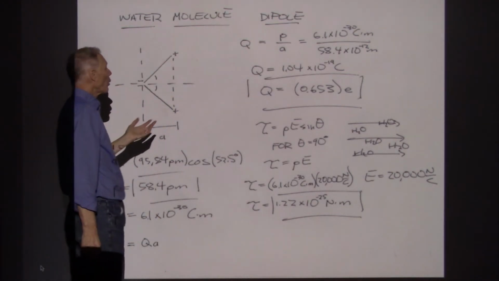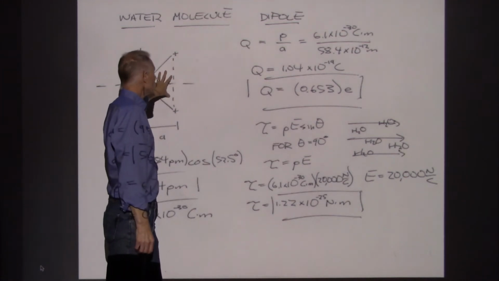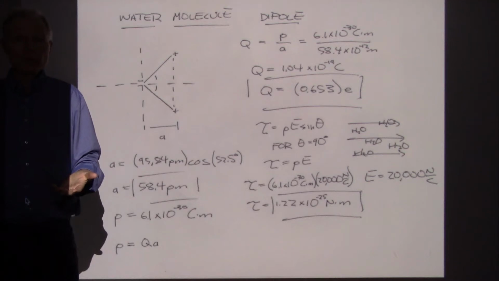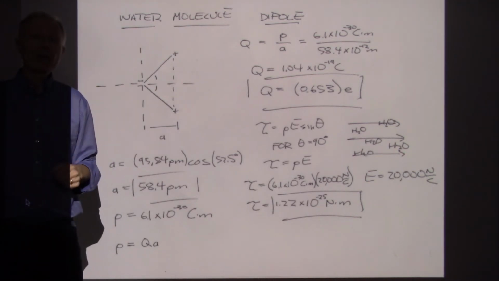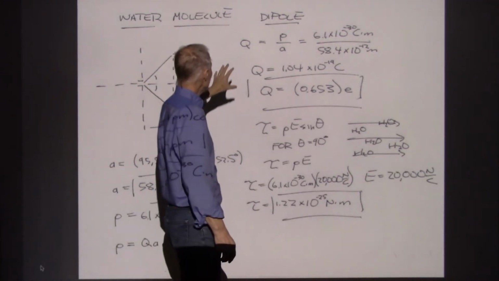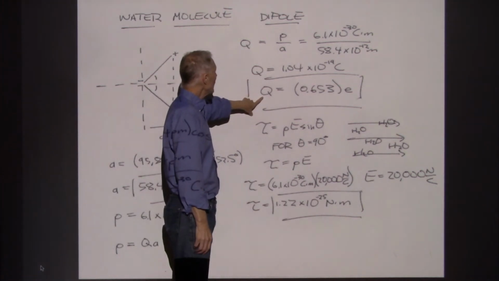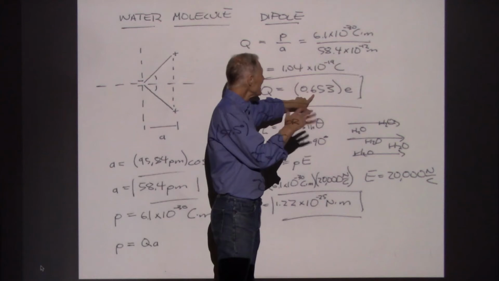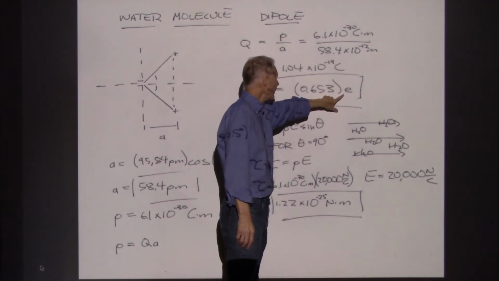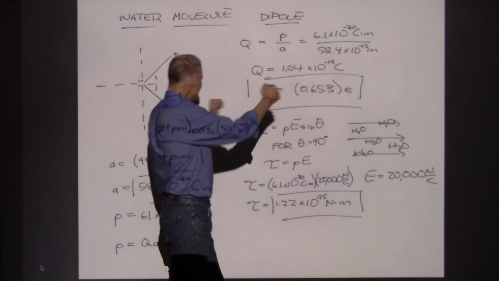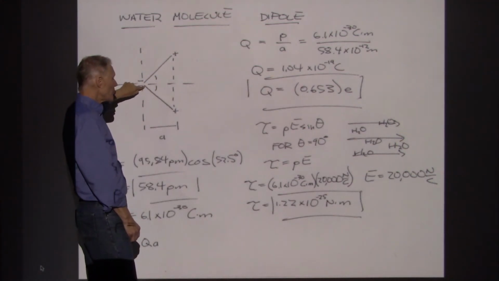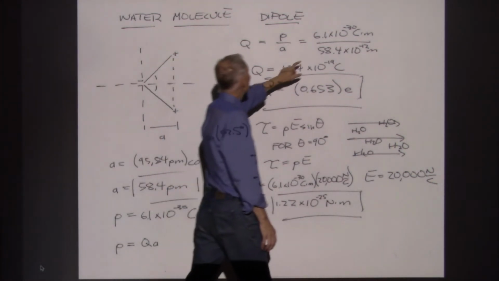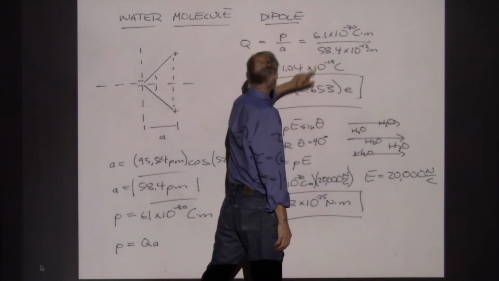What we can do though is we can say that the water molecule has a dipole that's equivalent to this much charge separated by this much distance. Turns out if you do the calculations, you find out the water molecule is the equivalent of having a little more than half of a fundamental charge separated by this distance. So the distance we have here is 58 picometers.